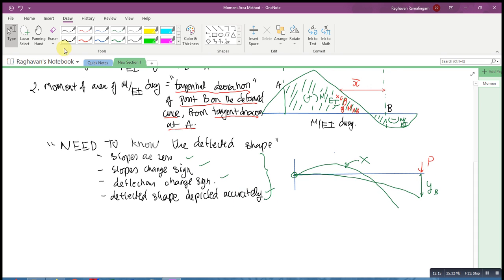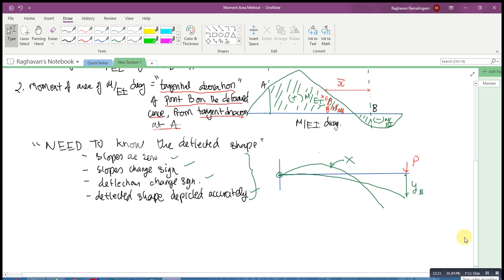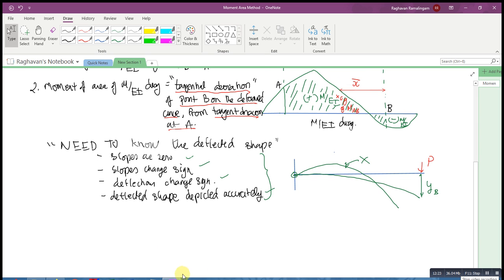Okay. So let's just take a look at a simple example, how to actually use this moment area theorem. So I'll draw a beam, simply supported, just to make it quite simple.